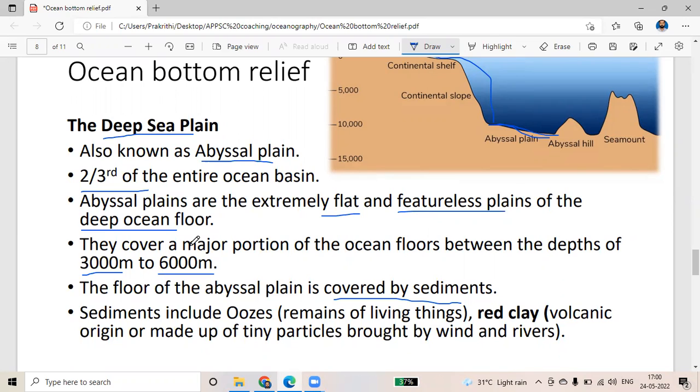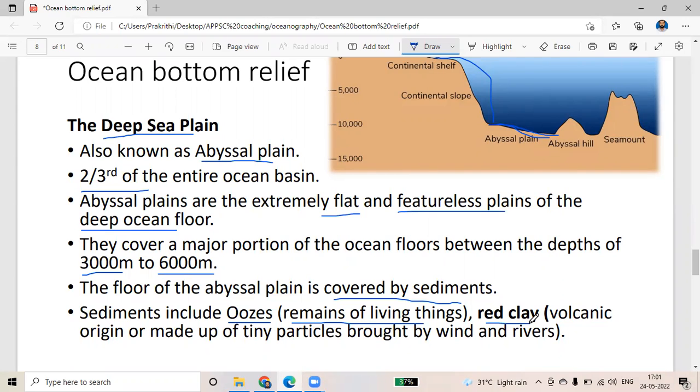So remember, sediments of the remains of living things, the deposition of sediments from living organisms, plants and animals, we can see as ooze. What name to remember? Ooze. The sediment made of remains of living things is called the ooze or the oozes. Then the red clay is actually the volcanic remains. It mainly consists of the ashes from volcanic eruptions, the pyroclastic materials, and this deposition is usually what we call red clay.